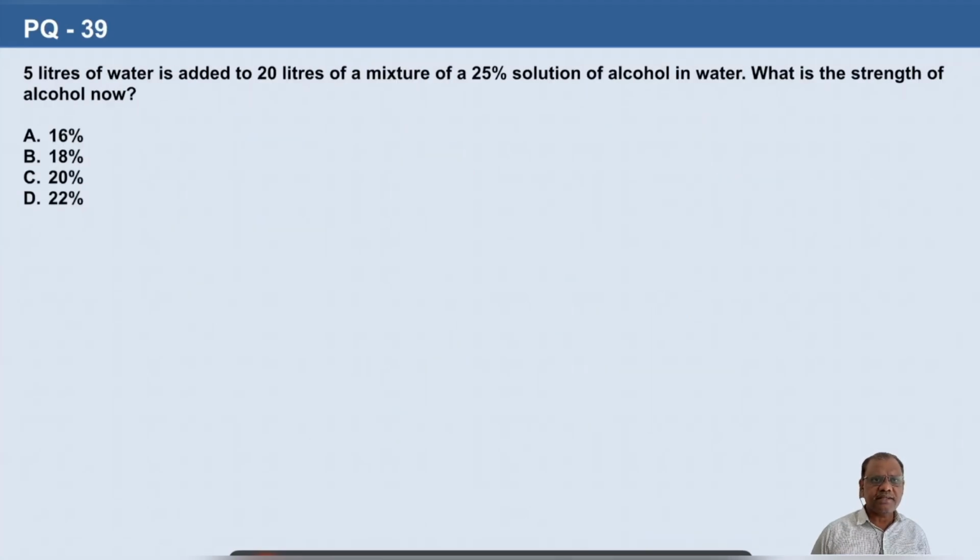Question number 39. 5 liters of water is added to 20 liters of a mixture of 25% solution of alcohol in water. What is the strength of alcohol now? So here also we have a mixture.